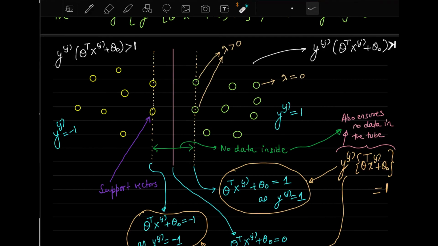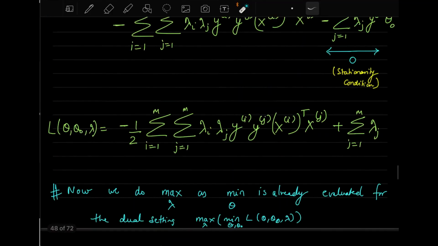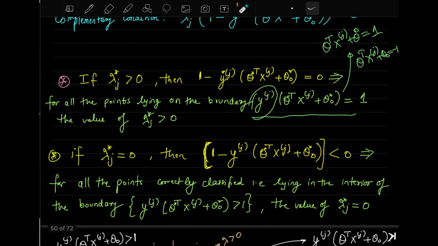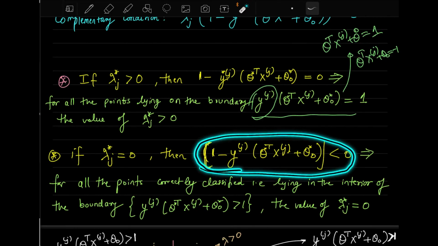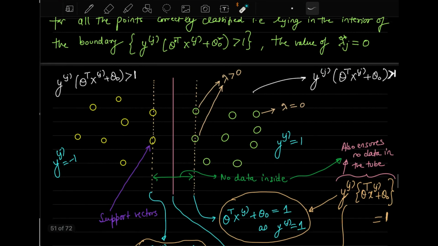Also note that this particular condition which we are always discussing ensures that there is no data point in the margin. If you see here, within the margin there is no data point.